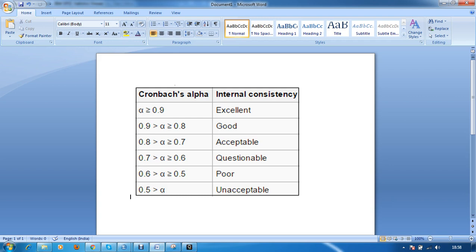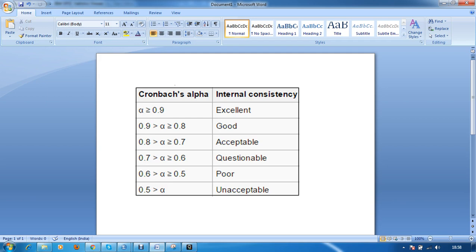Another reading says when I have a value of 0.7 to 0.6, then it is questionable. If I have a value of 0.8 to 0.7, then it is acceptable.